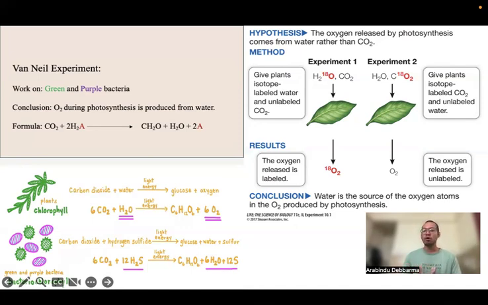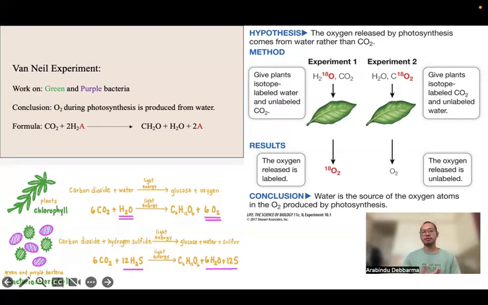Since it is so hot you won't get any water over there, but sulfur is present in huge amounts in the form of hydrogen sulfide. When these bacteria use carbon dioxide and hydrogen sulfide to prepare their food, sulfur is released during this process, and hence he concluded that the oxygen produced during photosynthesis is from the water, not from the carbon dioxide.